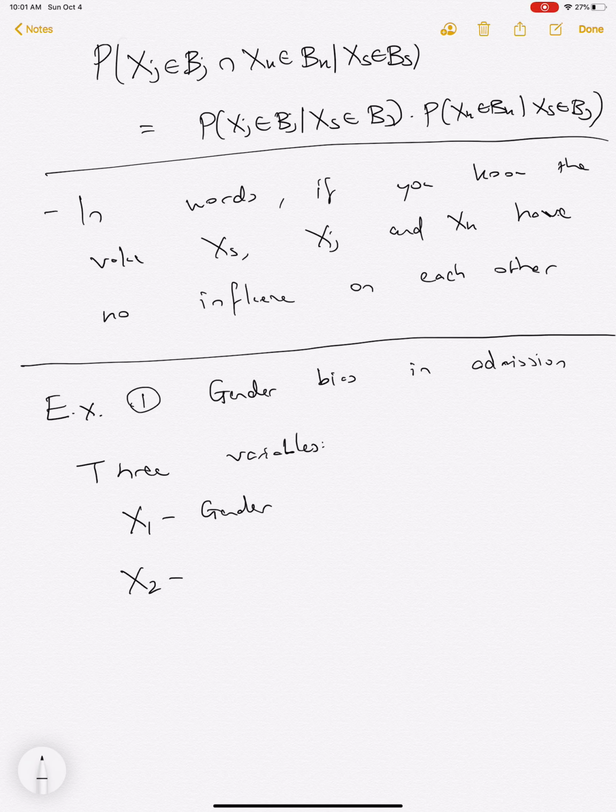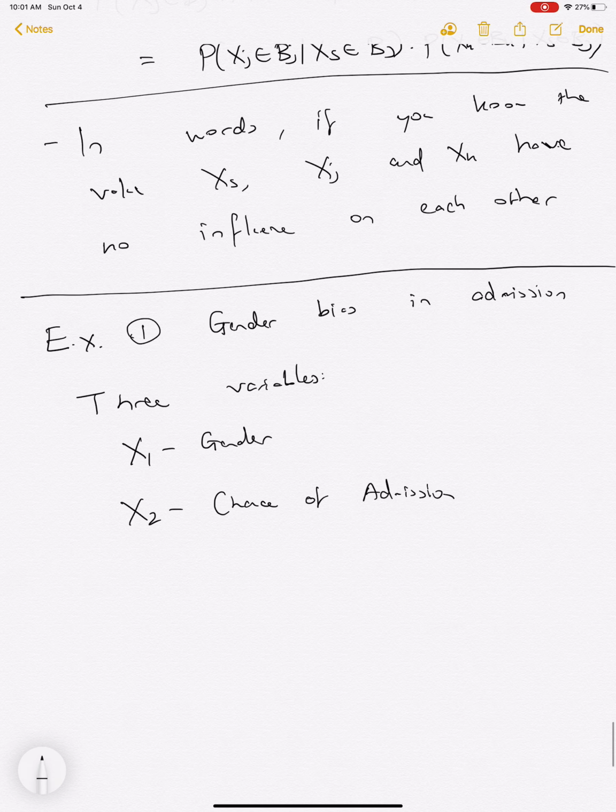x2 was the chance of admission. This study was conducted at UC Berkeley. And then there was this other variable x3, which was the department applied for.